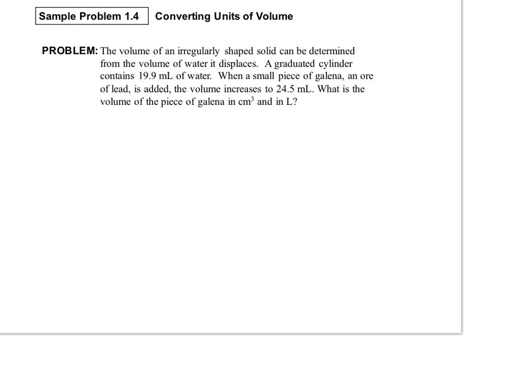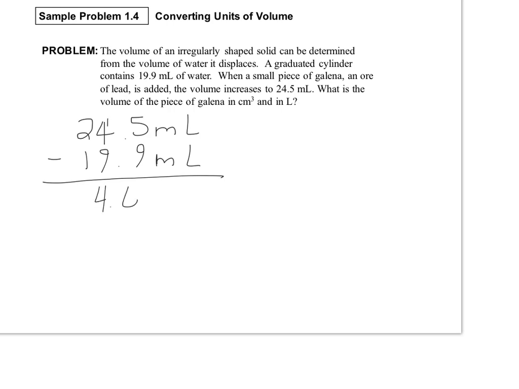To do that, the first step is going to be to subtract. After they put the piece in, the volume was 24.5 milliliters, and it started out as 19.9 milliliters. So if I just do the difference between those, that's going to tell me the volume of the piece, and that's going to be 4.6 milliliters.